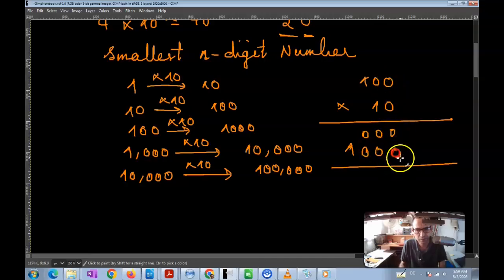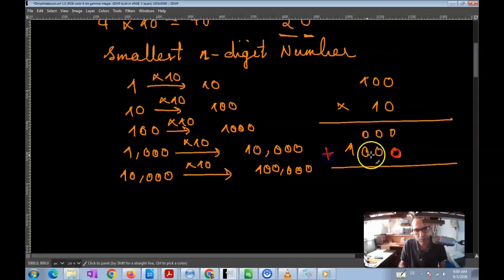Because we have to use a 0 over here, your 100 was a normal 100, but when you multiply by 10, it's shifted 1 place value to the left. Every digit in the number is shifted one place value to the left, and as a result, now your 100 is 1,000.